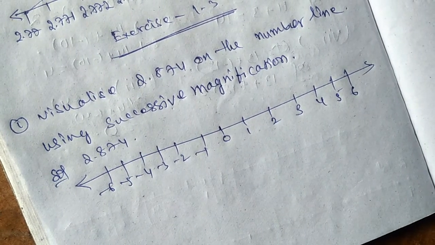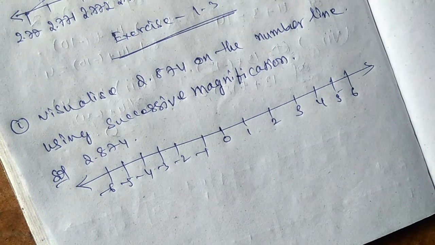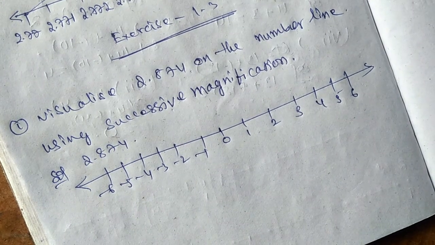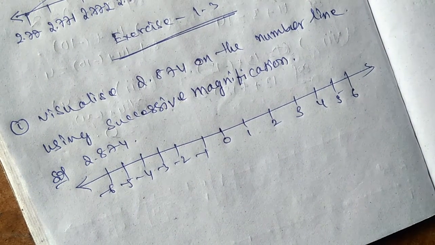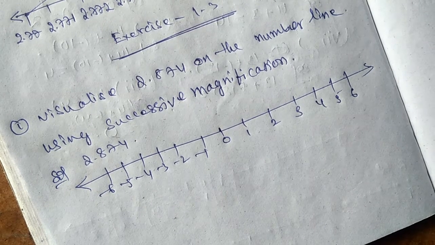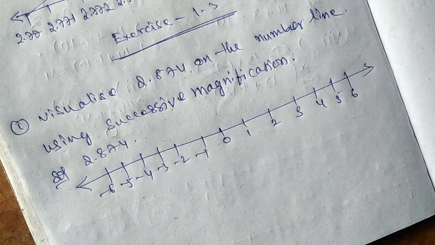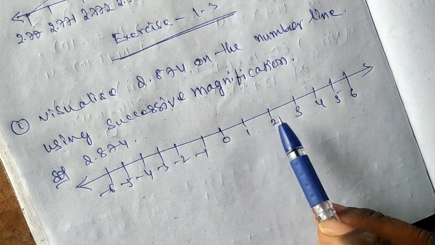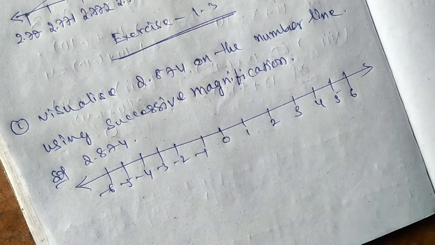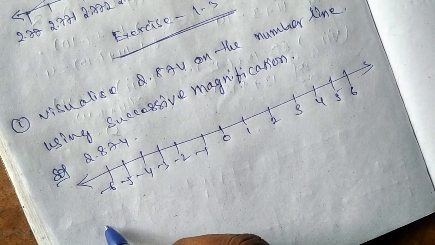Where does 2.874 lie on the number line? It lies between 2 and 3. So we are going to magnify the portion of the number line between 2 and 3.